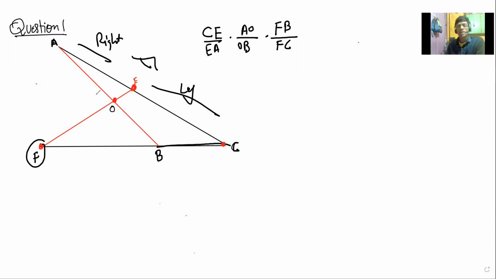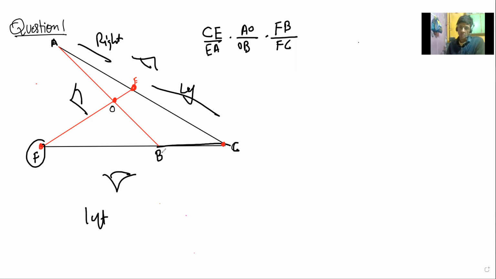So basically my point is that when you come to the side AB, then you just look at AB and again you go left, right. Once again, then obviously AO will be left and OB will be right. Yeah, from this perspective. And that's why I've written AO by OB. Now you come here and you see, and again left, right. So left is what?